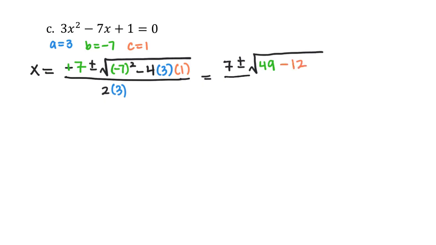And then in the denominator, 2 times 3 is 6. Okay, let me just simplify my radicand. 49 minus 12 is 37, over 6. Now can I simplify the square root of 37? No, I can't. So I'm going to leave it like that, and I'm going to have an irrational answer.